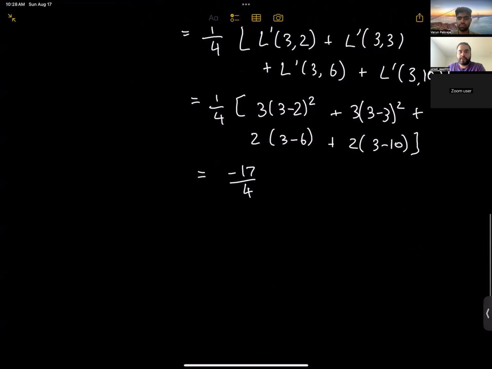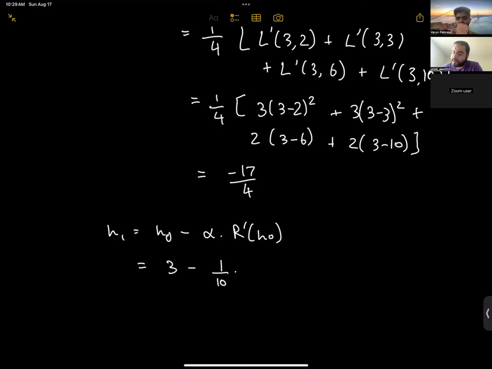So we know that our update rule is h1 equals h0 minus the step alpha times the derivative of the risk at h0. So h0 is 3, alpha is 1 over 10, and the derivative of the risk at h0 is minus 17 over 4.